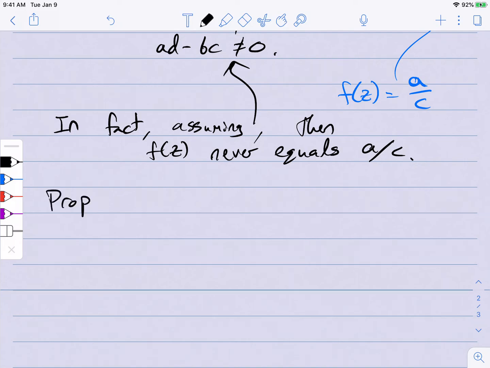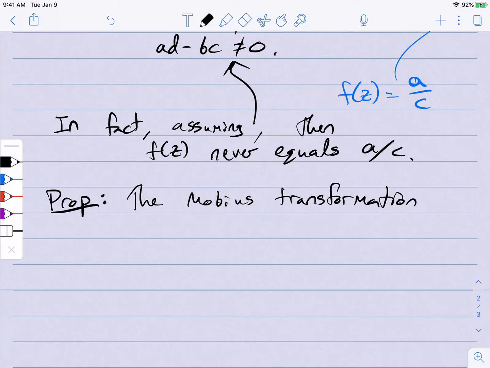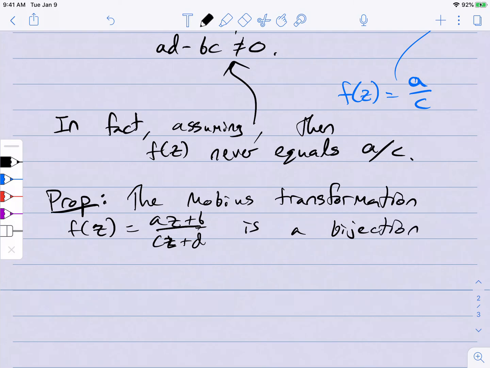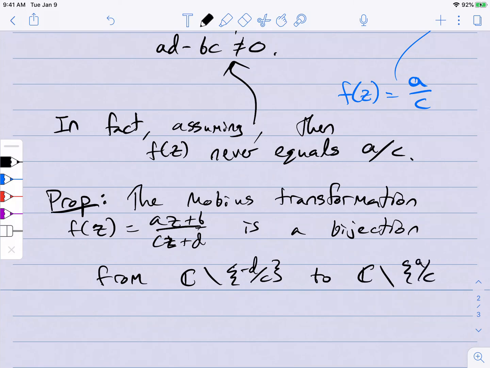So, proposition: the Mobius transformation which we've been looking at is a bijection from its domain, which is every point except negative d over c, so the complex numbers minus negative d over c, to every point except a over c.